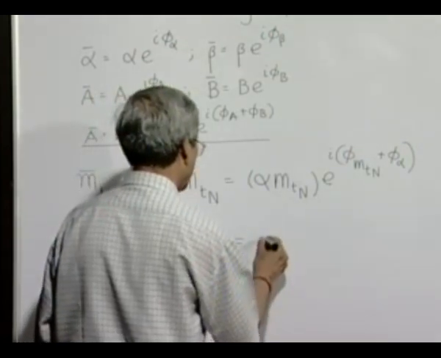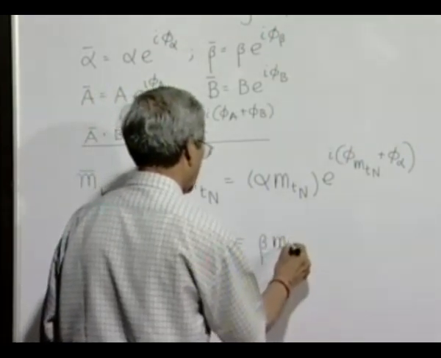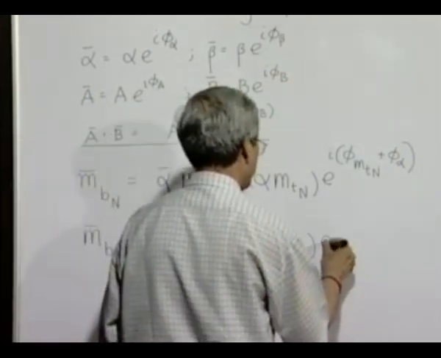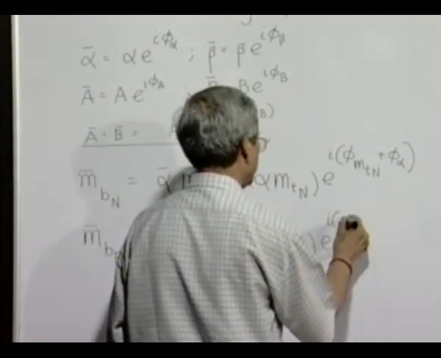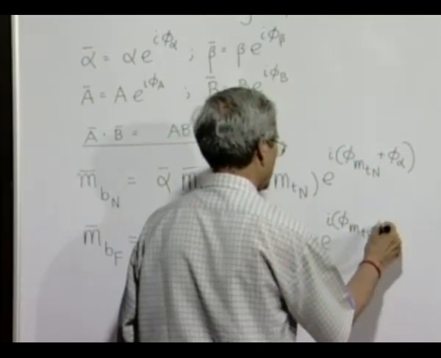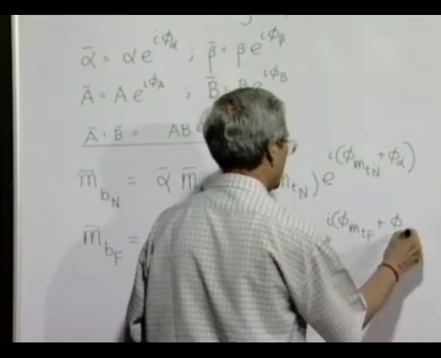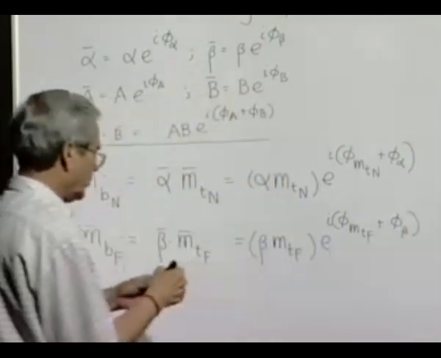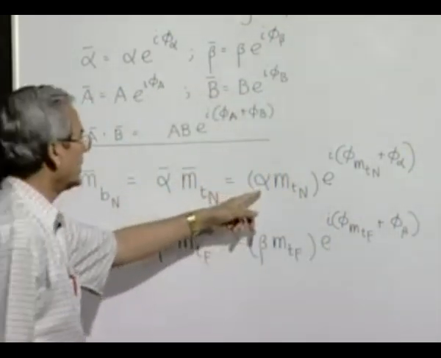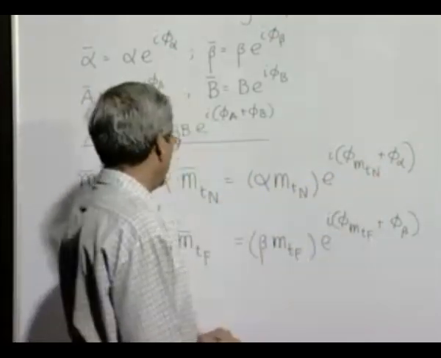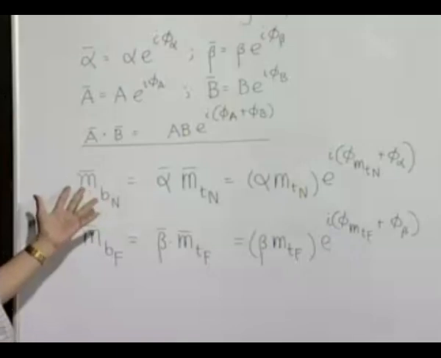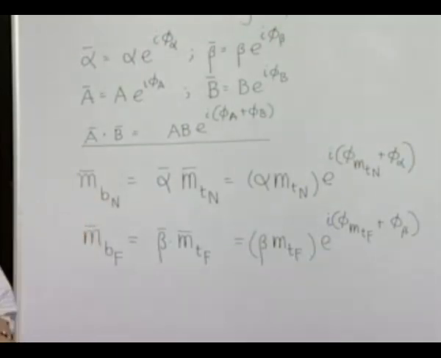This will be then beta MTF, that will be the magnitude. So if we can find out alpha and beta, that means we find out the quantity alpha and phi alpha and quantity beta and phi beta, then we can find out the magnitude and position of the balancing masses.